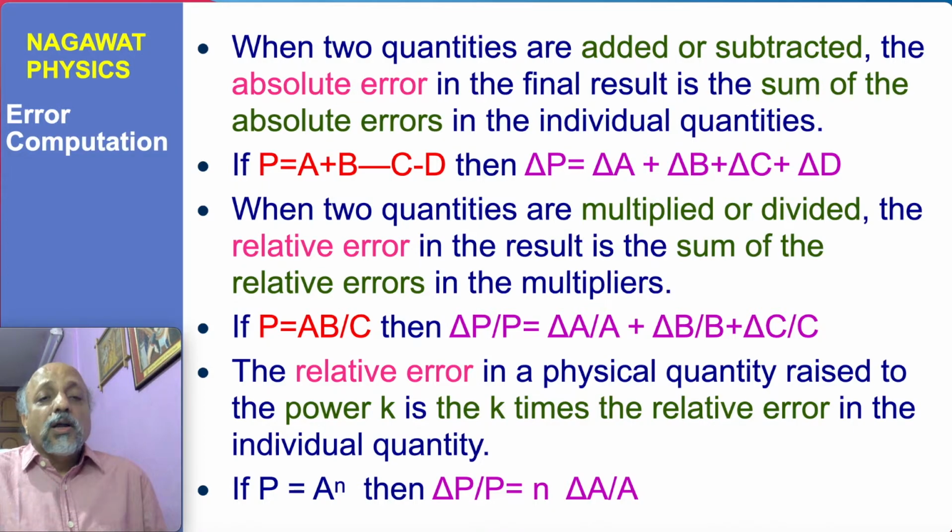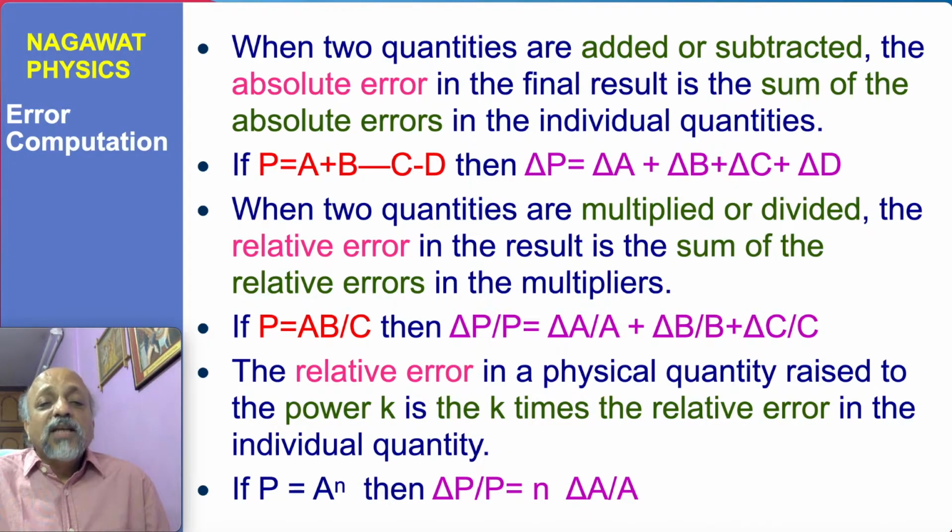Now, the algebra of the errors can be understood in this manner: suppose you define a quantity P like A plus B minus C minus D. So you are expressing P in terms of A, B, C, D, but the definition involves only addition or subtraction. So here, A and B are added, and out of that C and D are subtracted.